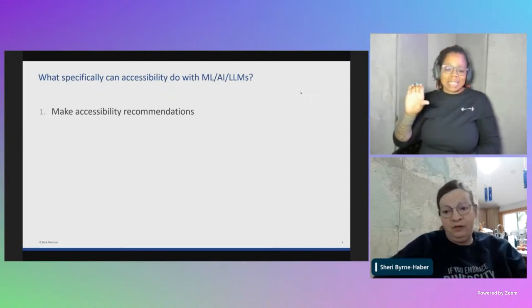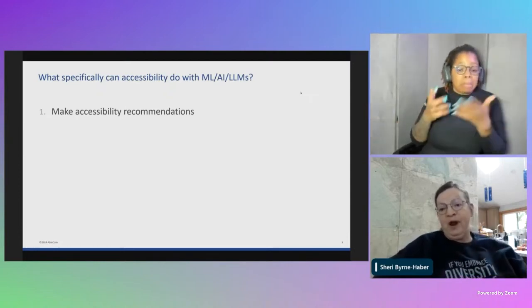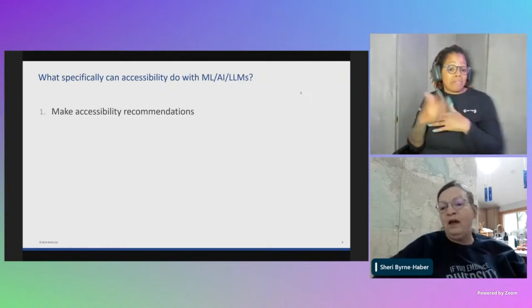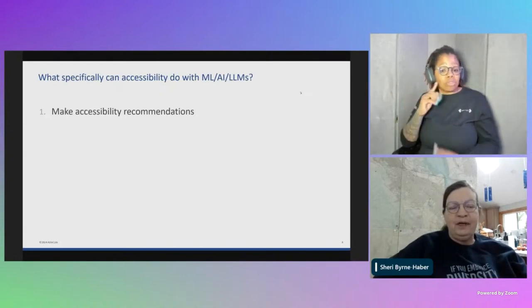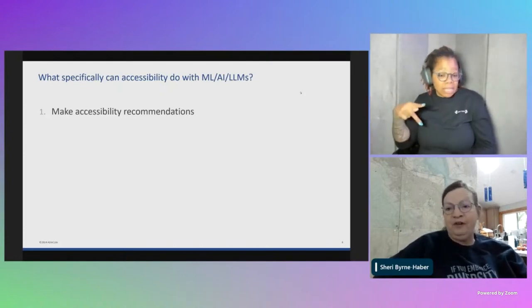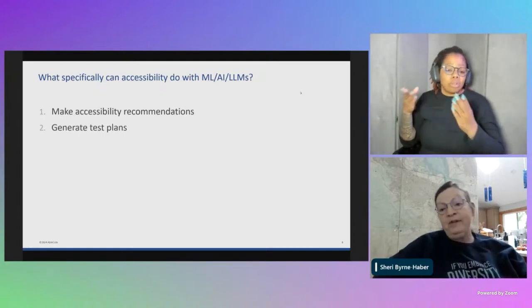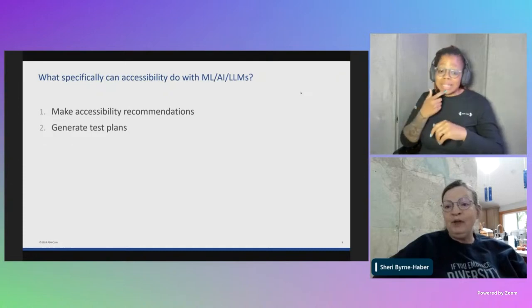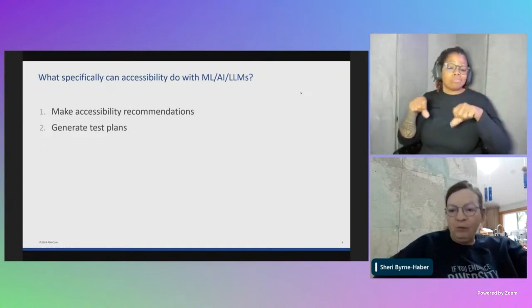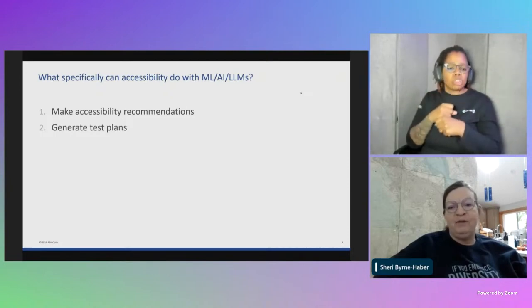It may have even consumed, and I don't know this, some of the DQ materials that are out there, for example, the training PDF files for some of the IAAP certifications, which DQ offers. It can generate test plans. So you can say, I have a shopping cart, how should I test this? And it will actually generate a default comprehensive test plan for you.